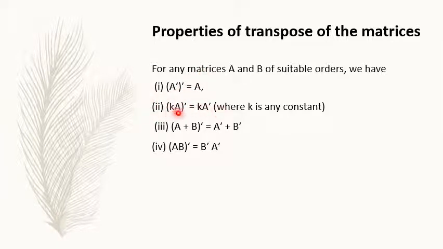Second property, (KA) transpose is the same as K into A transpose, where K is any constant. Third property, (A plus B) transpose. That is, transpose of the matrix A plus B is the same as transpose of A plus transpose of B. Last one, transpose of AB is the same as B transpose into A transpose.